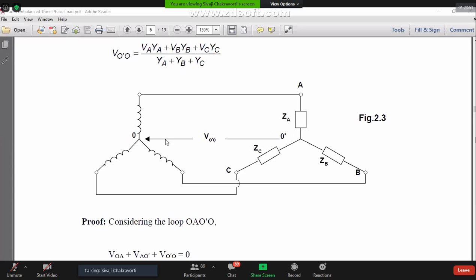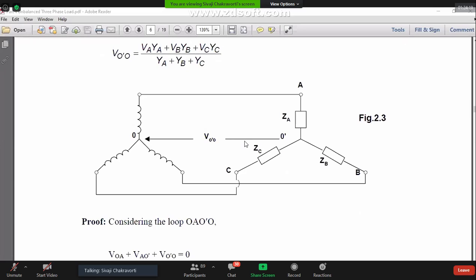Now, is there any way that I can directly get O prime? Yes, answer is yes. Then how? So I share again the other one. Where is it? Here. So I go to the next topic here.